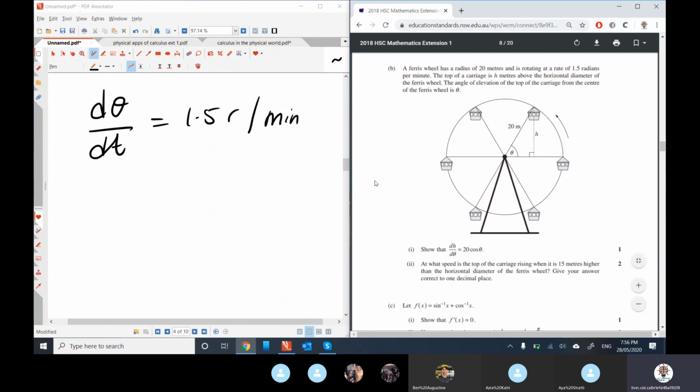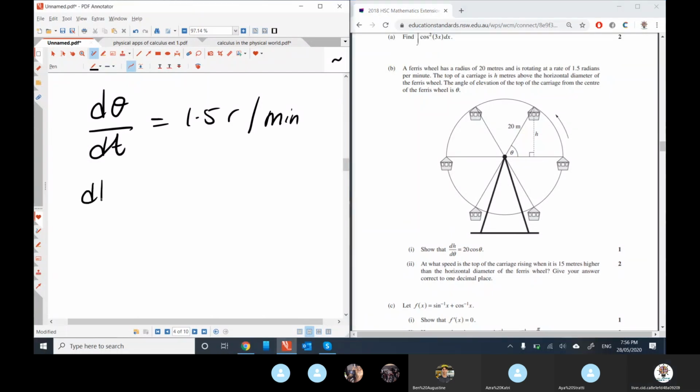Okay. What's the first thing I would do? The first thing I would do is go dh on d theta. Oh, probably even easier, actually. I was about to overkill that. I would do opposite over hypotenuse. So sine theta is equal to opposite over hypotenuse.